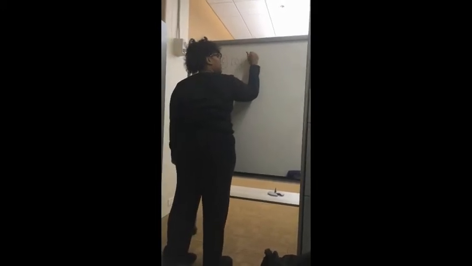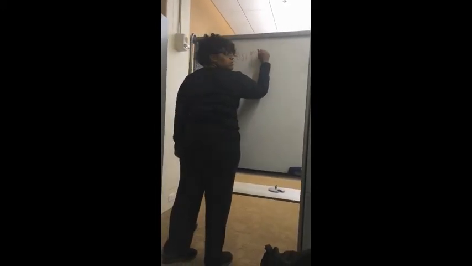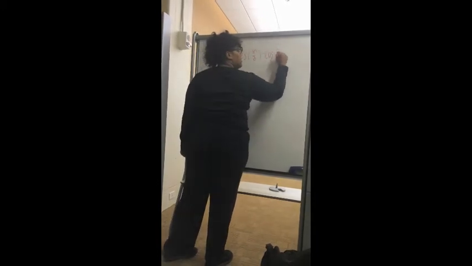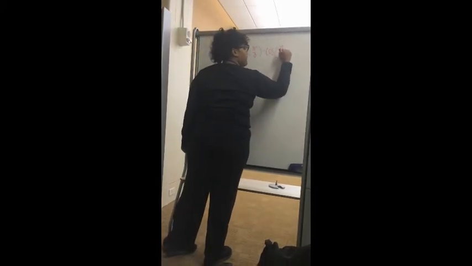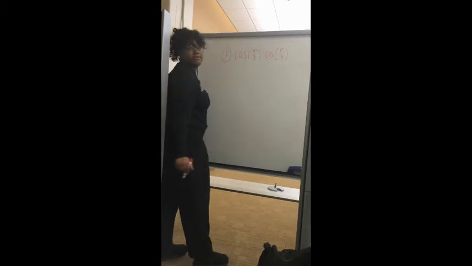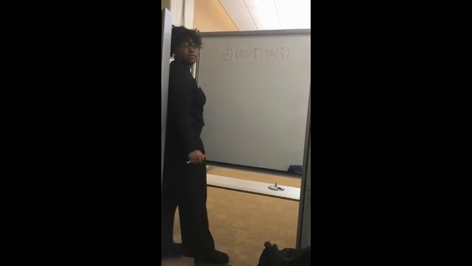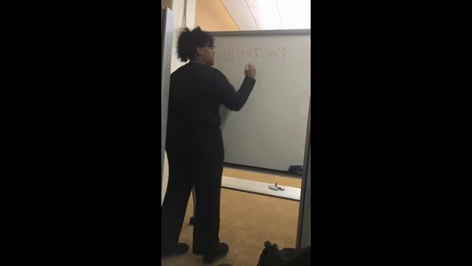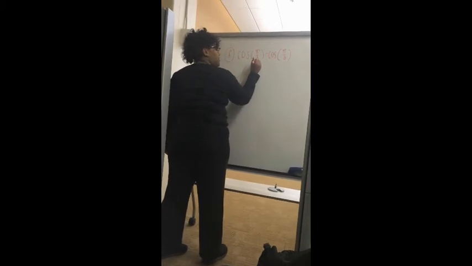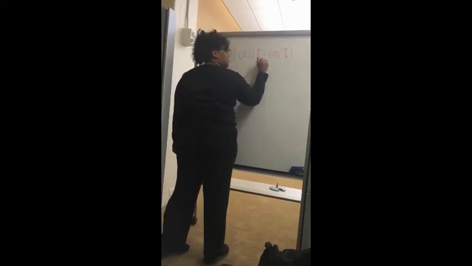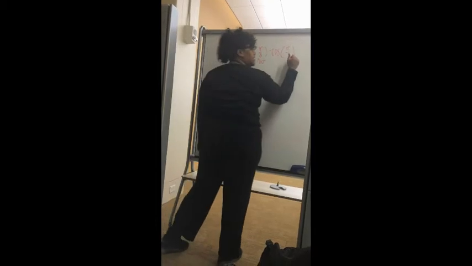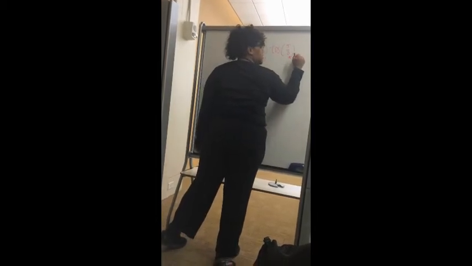F, which is cosine pi over 3 minus cosine pi over 5. I used the sum to product identity, and I changed this to 60 degrees and this to 36 degrees.